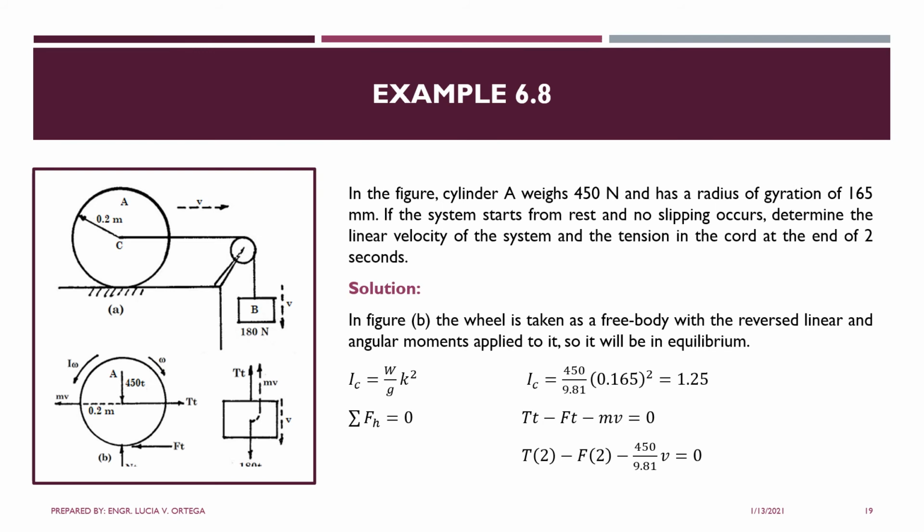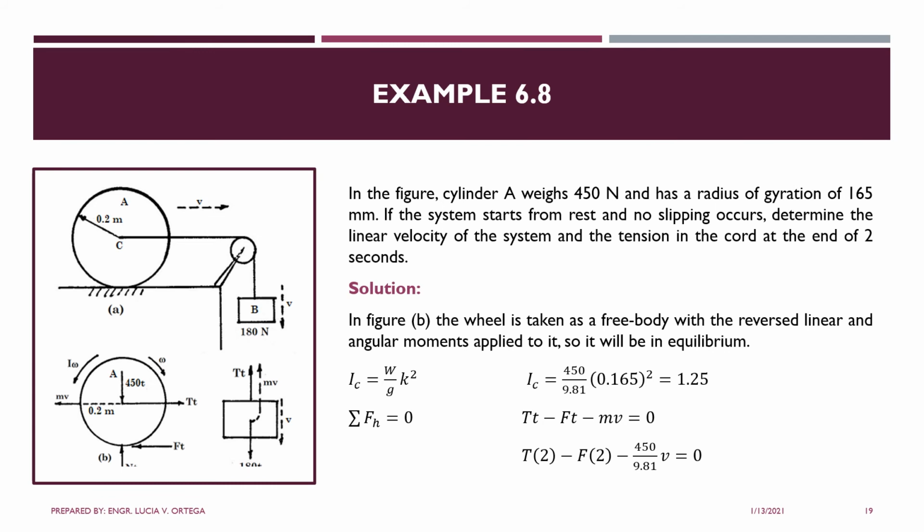I sub C is W over g k squared. So the weight 450 over 9.81, this is Newton, so we use 9.81 times k, 165 mm, that is 0.165 meter squared. So that is the mass moment of inertia.